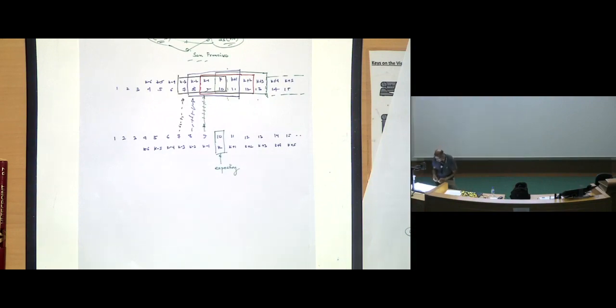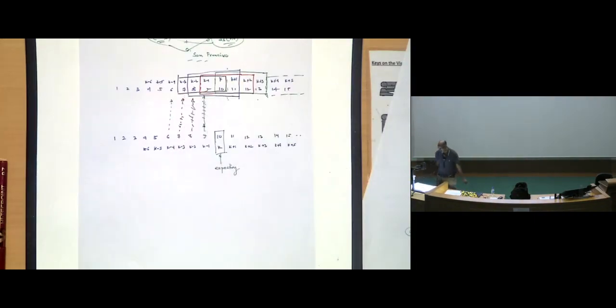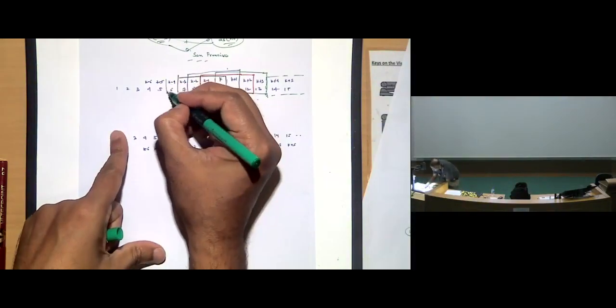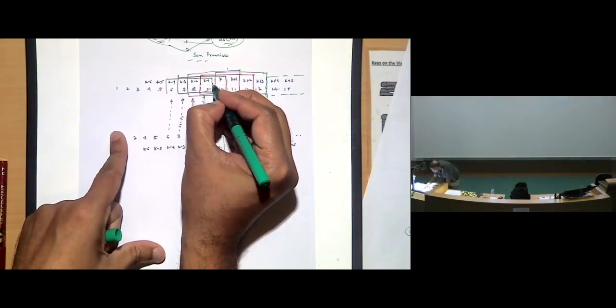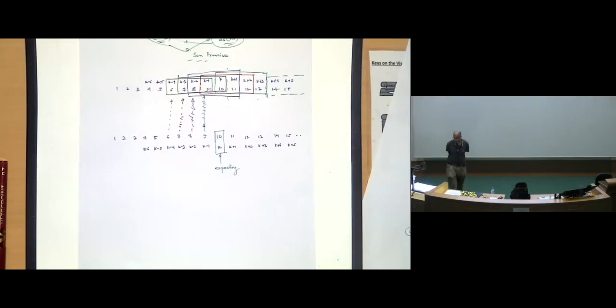How about this guy, k minus 4? I cannot actually be completely sure whether this acknowledgement has been received or not. So it is also possible that my window is starting at k minus 4 and goes up to k.